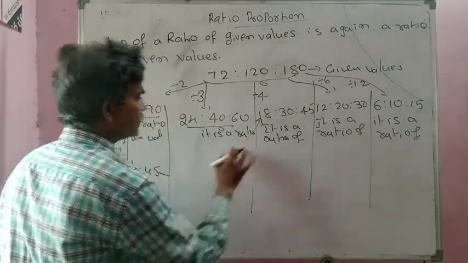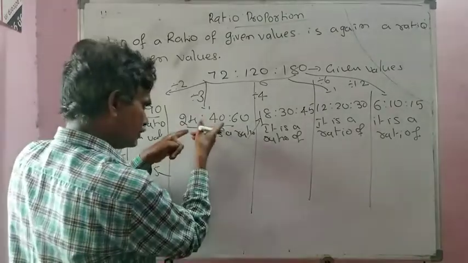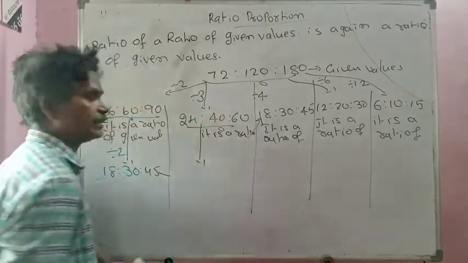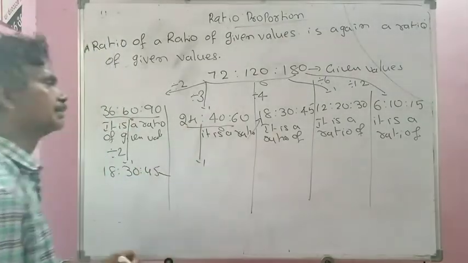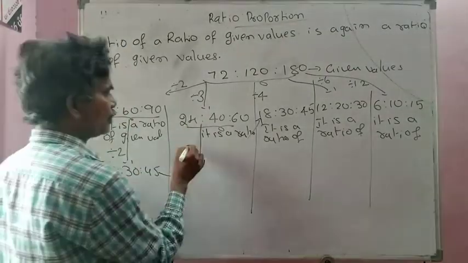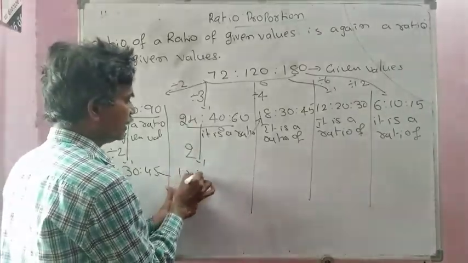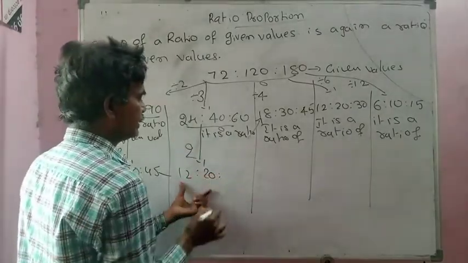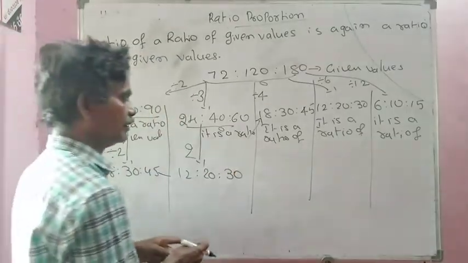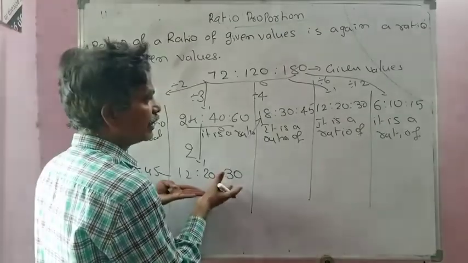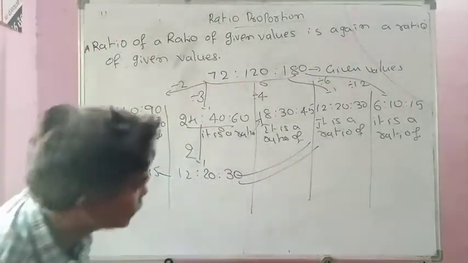And let us find out another ratio of this ratio. For that, let us divide these values by 2. Then we will get 12 is to 20 is to 30. You can observe that this ratio is equal to an already existing ratio.